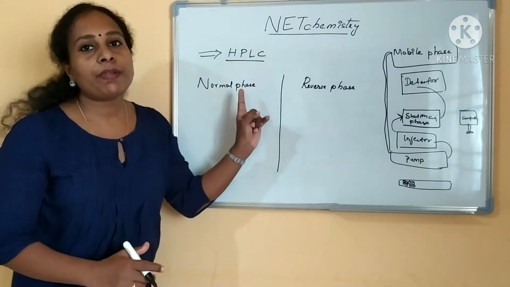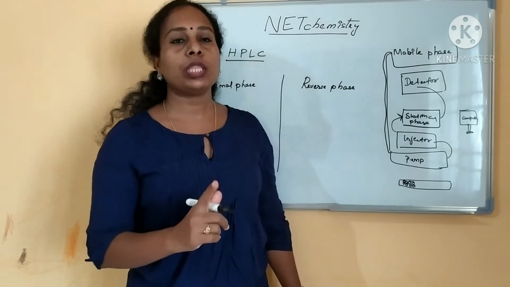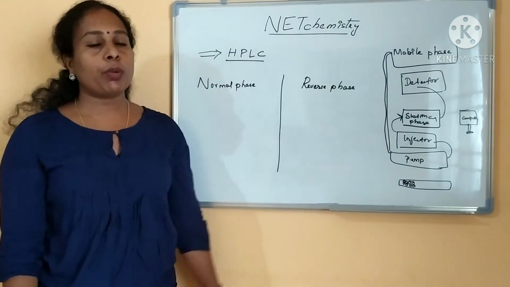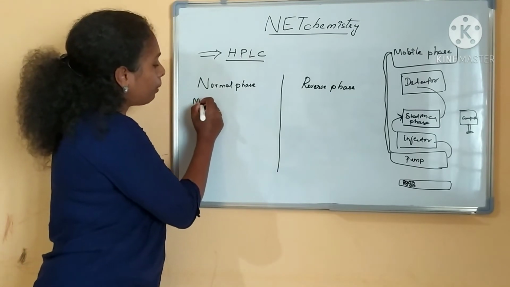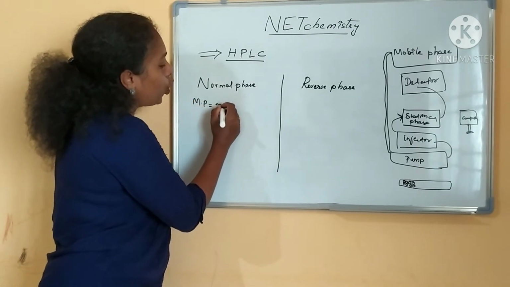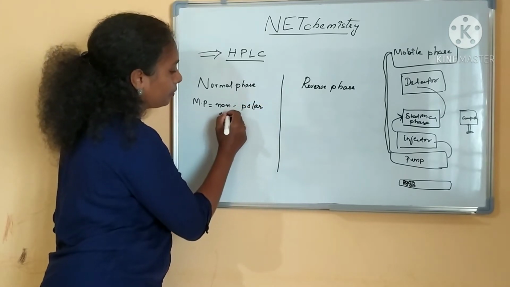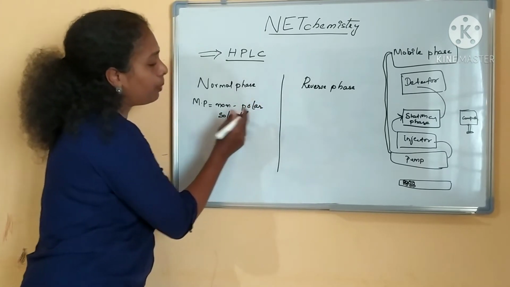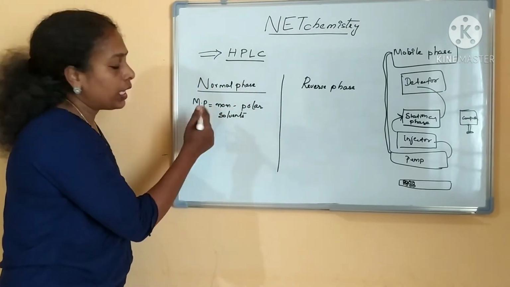So normal phase chromatography and reverse phase chromatography are the two types, based on what the mobile phase is and what the stationary phase is. In normal phase chromatography, the mobile phase is non-polar solvents.